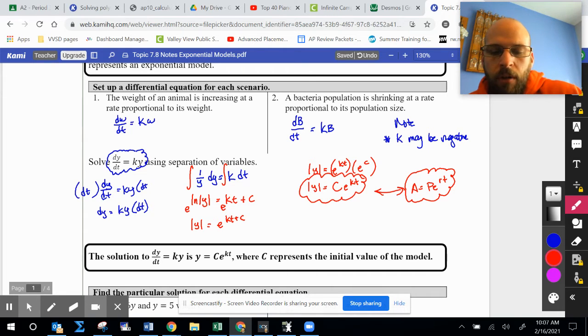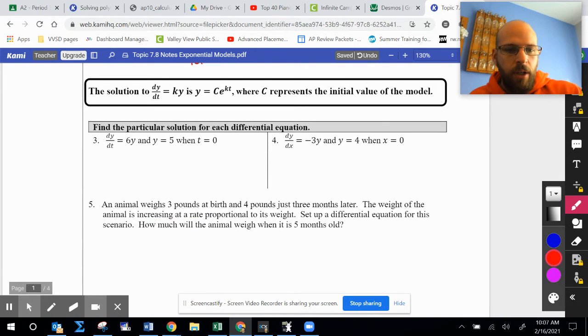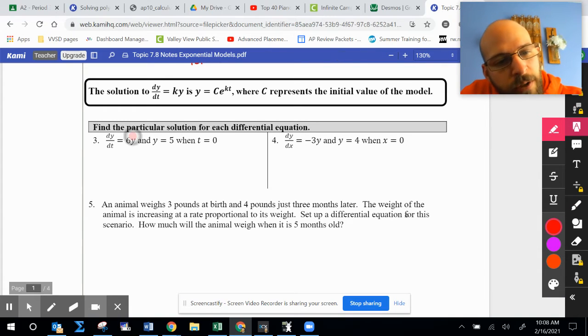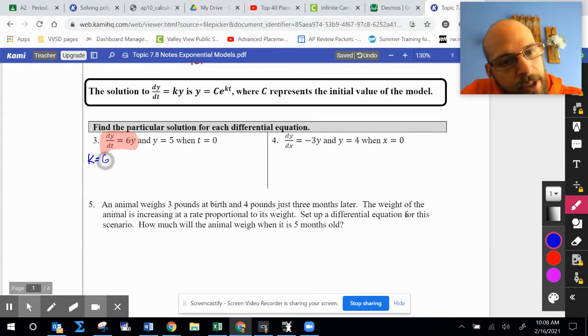All right. Look at how the differential equation for number 3 is written: dy over dt equals 6y. So I know my k has to be 6. If I start to write my exponential equation, I'm going to have c e to the 6t.